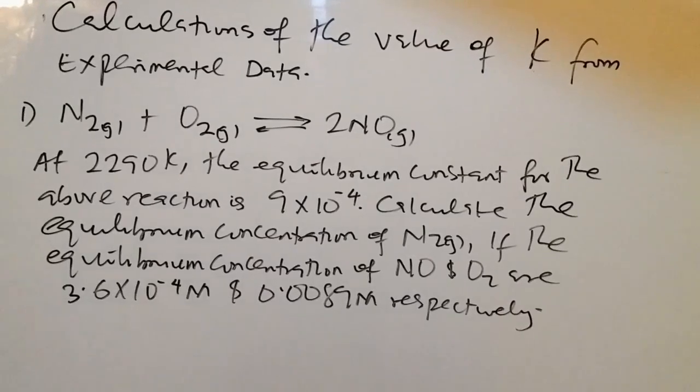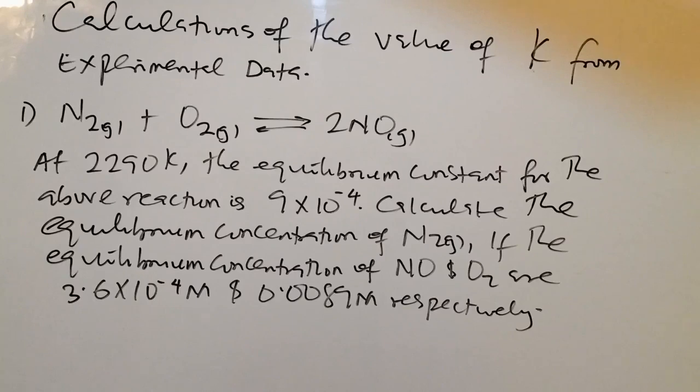In this session, we're going to look at how to calculate the value of the equilibrium constant K from experimental data. We have an equation: 1 mole of nitrogen plus 1 mole of oxygen giving us 2 moles of nitrogen monoxide. The question reads: at 2290 Kelvin, the equilibrium constant for the above reaction is 9 times 10 to the power minus 4.